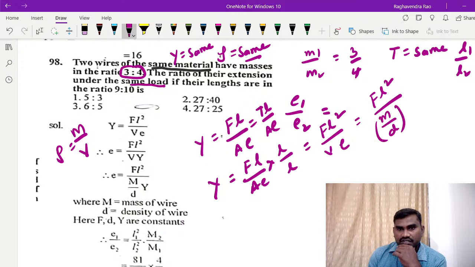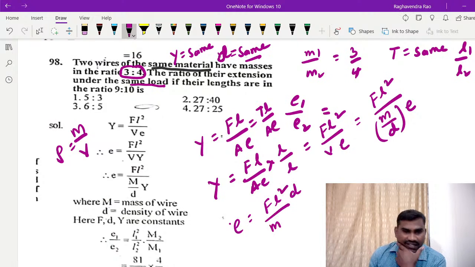So here we get density into E, and the density goes upside. Now E is equal to FL square by M, this is D, into Y. Elongation is proportional to L square by M.